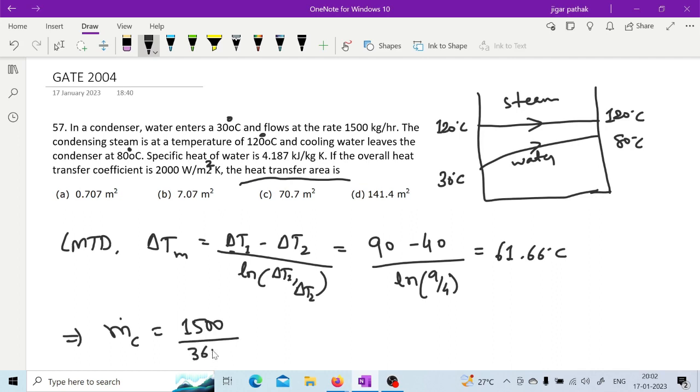So what will be per second? 0.4167, yeah, kg per second. So once you have this mass flow rate and this CPC is given 4.187, delta T you know, right, for water, that is 80 minus 30.